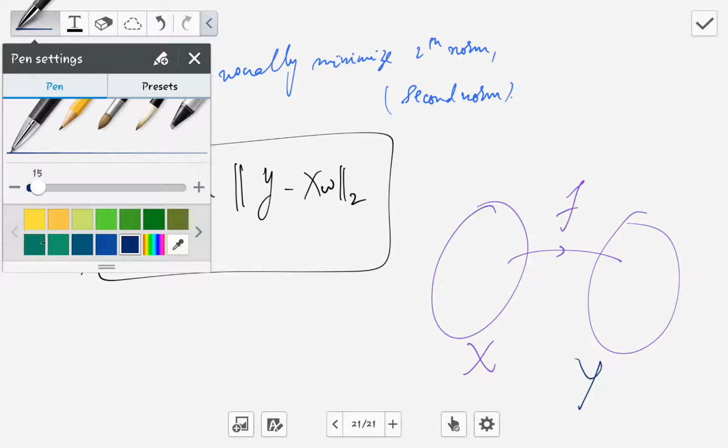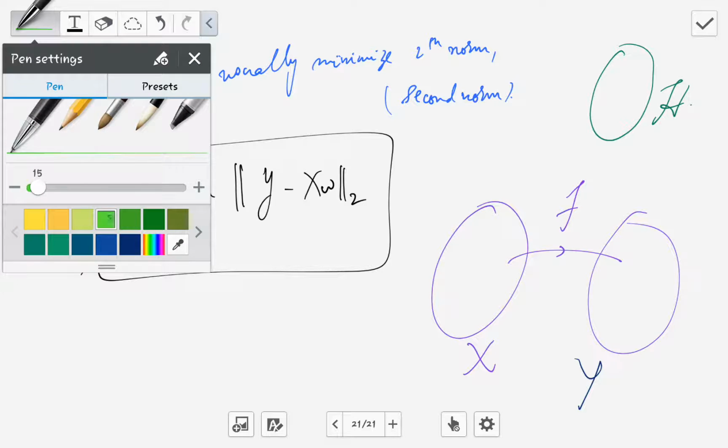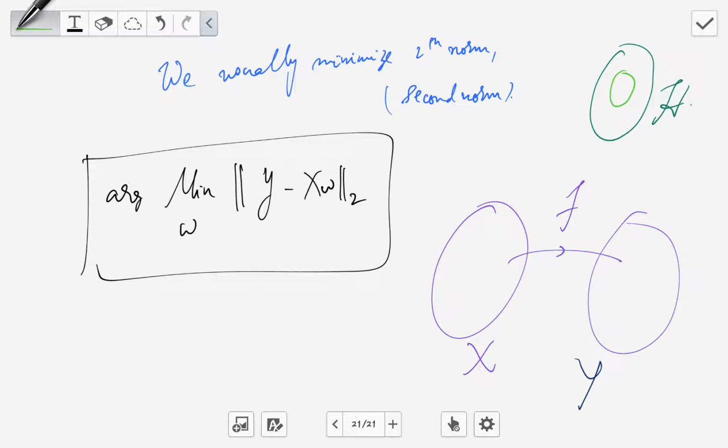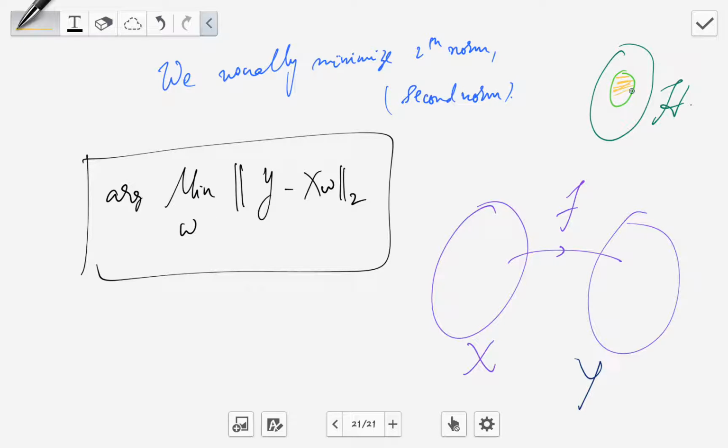In the hypothesis space where all these functions lie, I want to find a subregion which belongs to the linear functions. So this entire thing is just given by this.